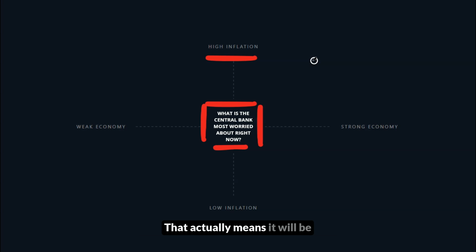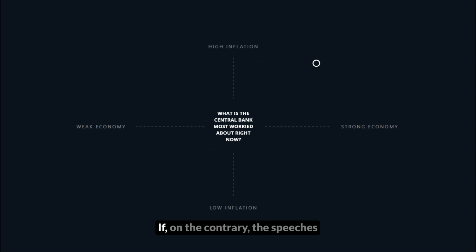That means it will be reluctant to cut interest rates and more willing to keep rates higher, okay, policy tight. If, on the contrary, the speeches begin focusing on the weak economy, the weak labor market, rising unemployment, whatever, then the bank is telling you that the economy is becoming the priority. That usually means it's moving towards cutting interest rates.